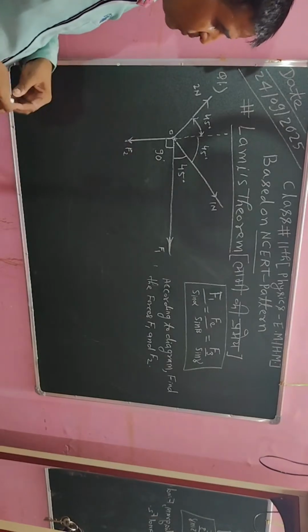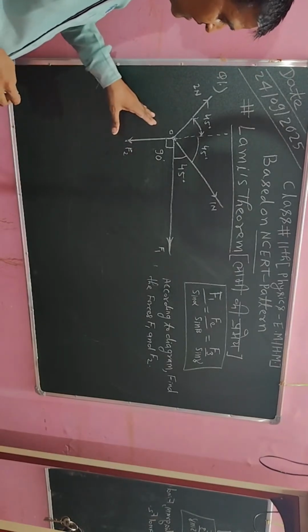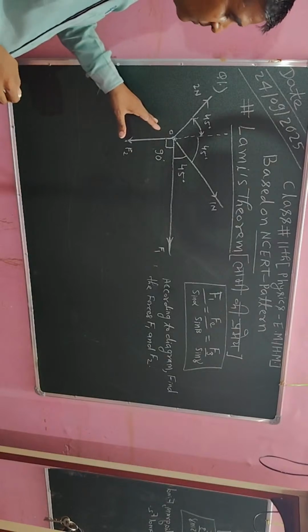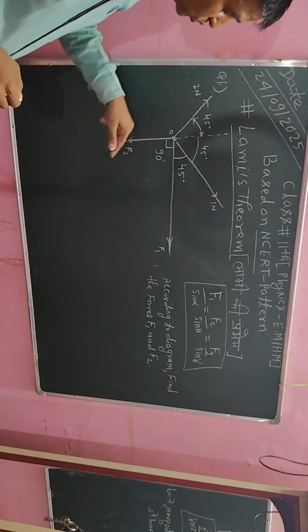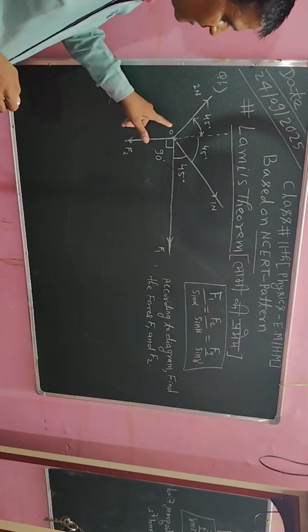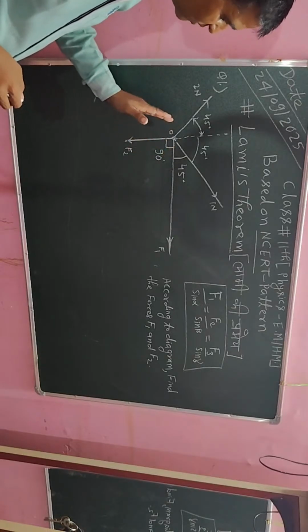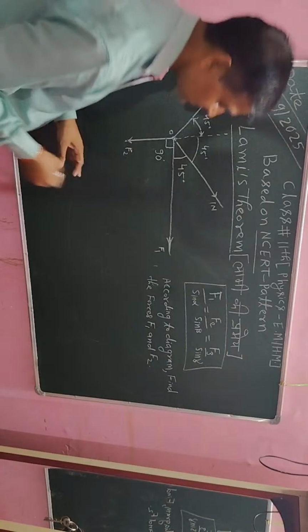Okay students, I hope you are concentrating here. Now I am going to give the general concept, and then I will use that concept in this figure diagram, and according to Lami's figure I will get its value.